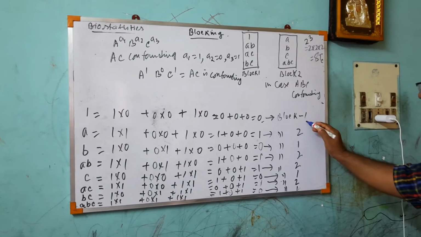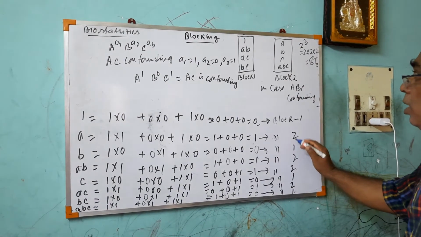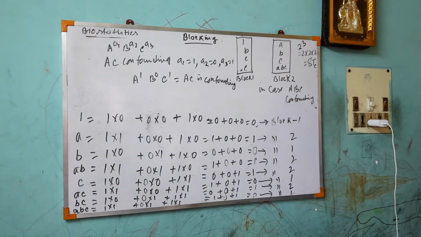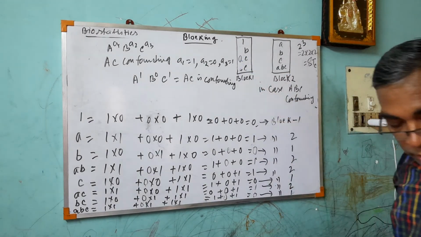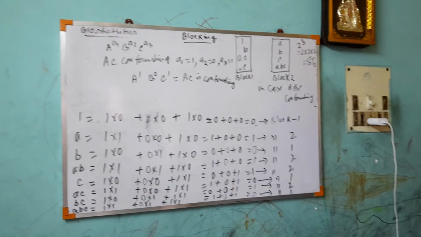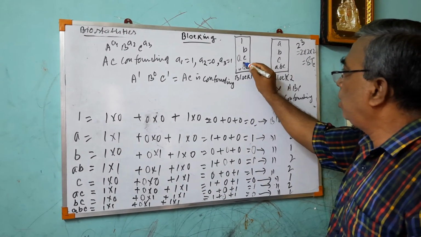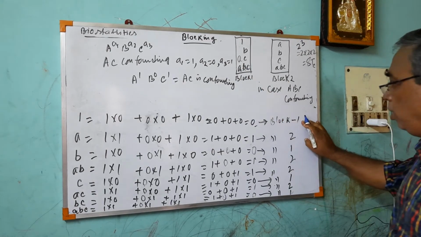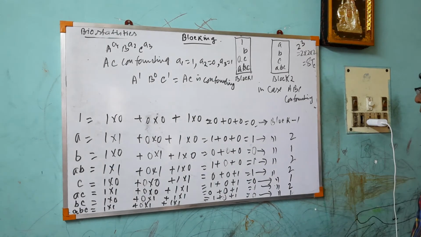Now block 1 elements are 1, then this is B, 1, B, AC and ABC. You see? 1, B, AC, ABC.